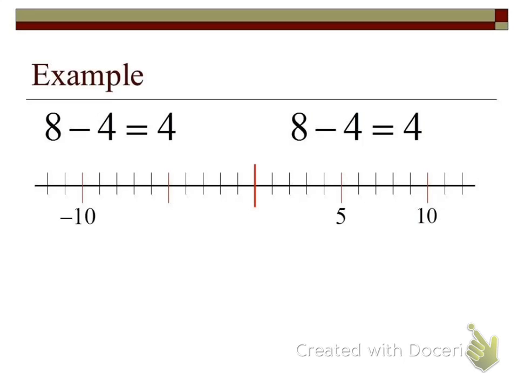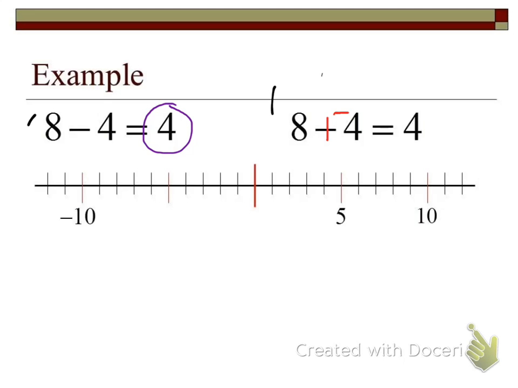Let's dive right into subtracting integers. On the left here, I have 8 minus 4 equals 4, and that's something that we should know to be true. And on the right, I'm going to show you our first rule, Rule 1. Rule 1 tells us that subtracting something and adding a negative is exactly the same thing. So 8 minus 4 is the exact same as 8 plus negative 4. And I'm going to graph this on the number line simultaneously.